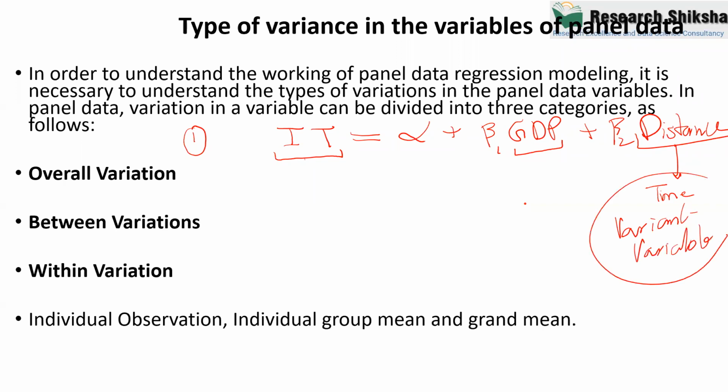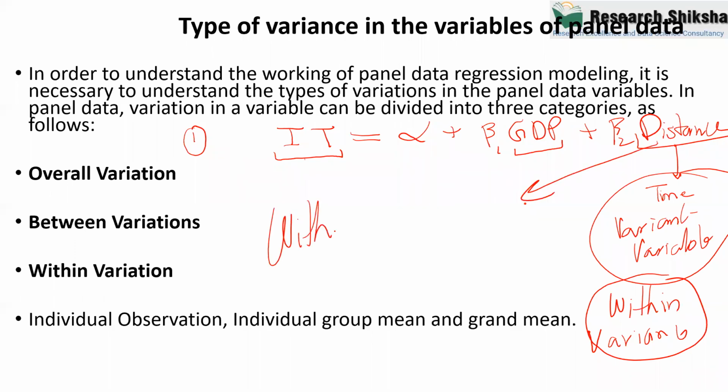In this variable, within variance is zero, right? I hope you understand this. So you cannot use this kind of variable in the within effect model, the within fixed effect model.